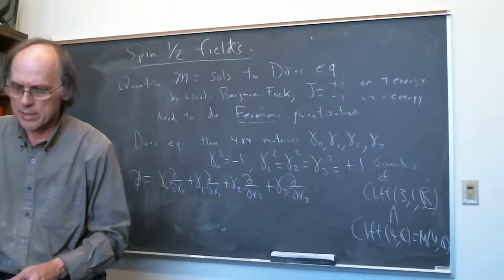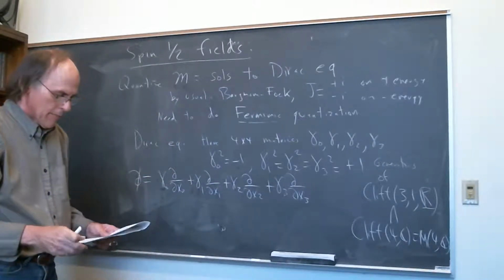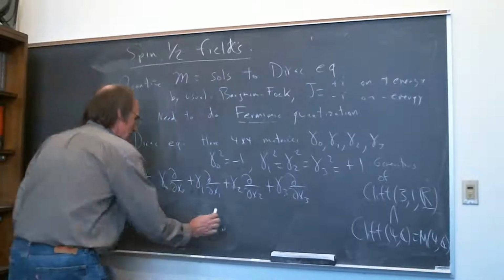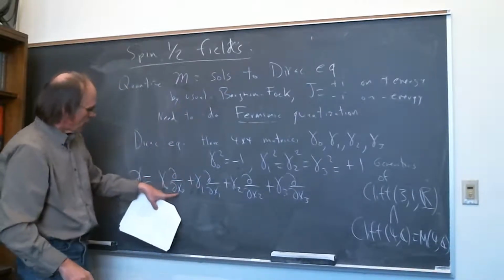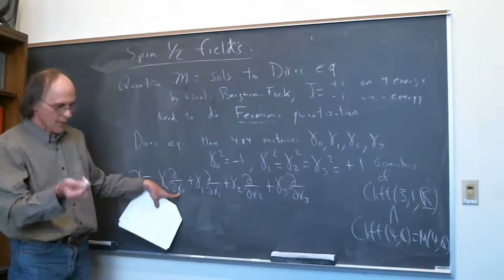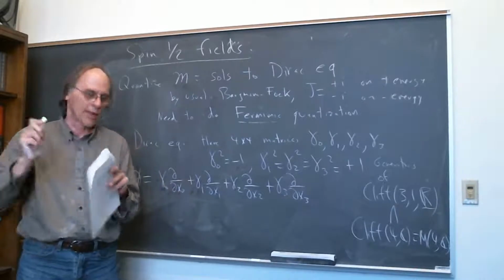It's better if I write this in momentum space. In momentum space, when I Fourier transform with respect to x0, I use the opposite sign so that the Fourier transform is a Lorentz invariant thing.